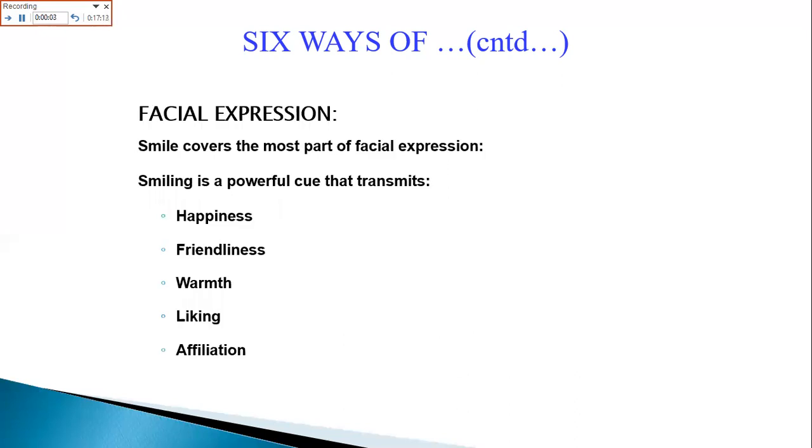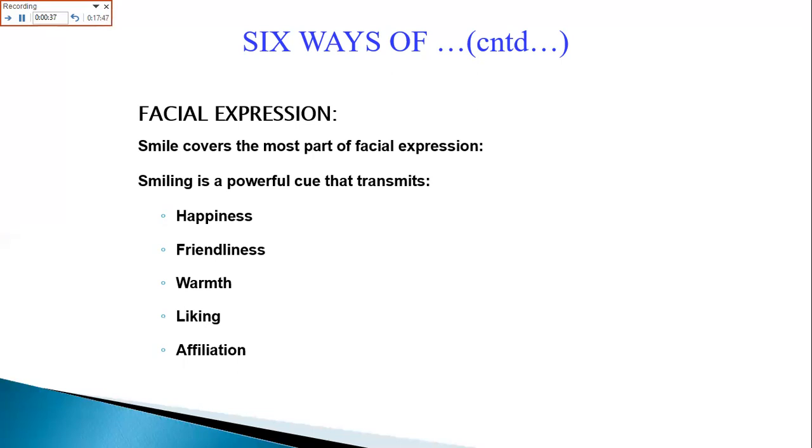So the second one is facial expression. It is very important to show your smile, like a genuine smile, when you talk expressively in front of the public or in front of the people. Smile covers the most part of facial expression.